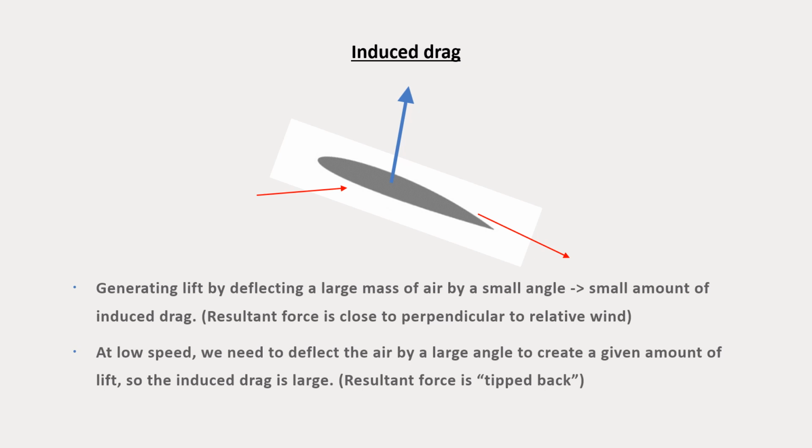That makes the induced drag a larger amount. So induced drag gets larger when we're operating at low speed and deflecting the air by a big angle than it is at high speed when we're deflecting the air only a small angle.